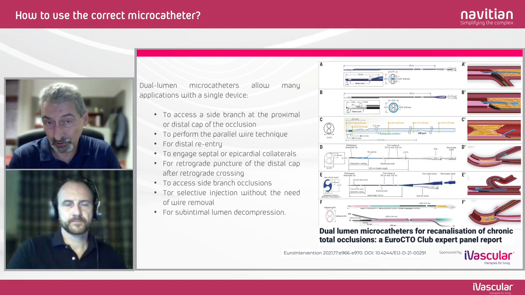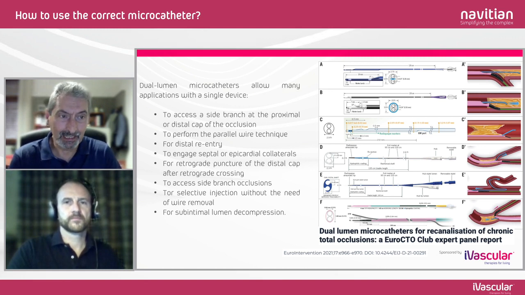For this reason, the most recent document of the EuroCTO Club spent a few pages to describe the many solutions that they offer, because with dual lumen you can use the microcatheter to engage a side branch when you have an occlusion stumpless starting at the site of the side branch, and use then the second lumen to engage a stiffer wire, having the support of the microcatheter to go inside the occlusion.